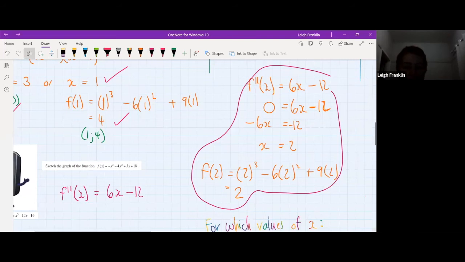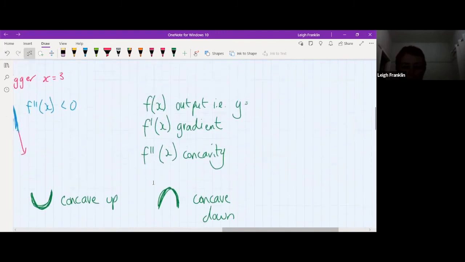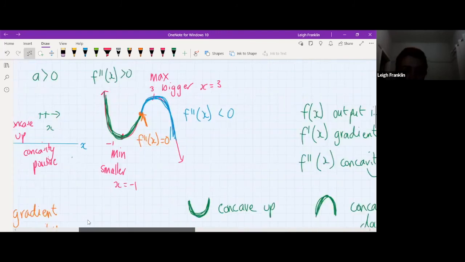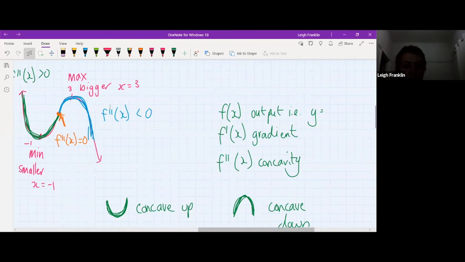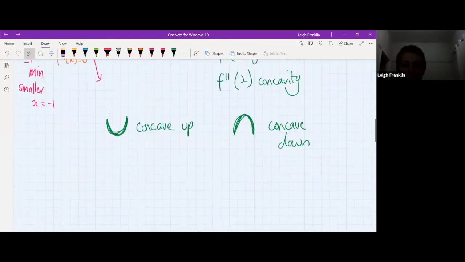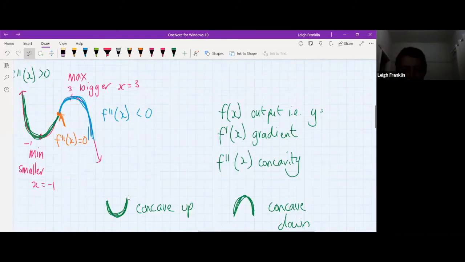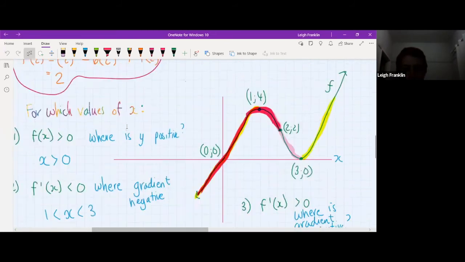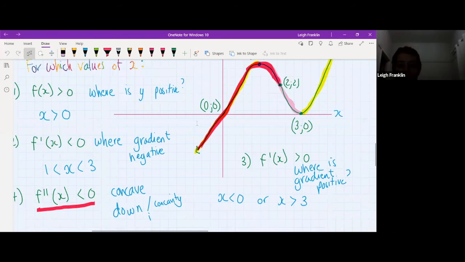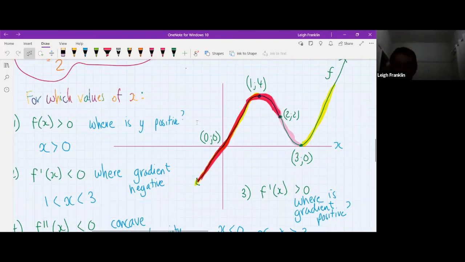If I take any number that is smaller than 2, look here, I'm going to sub in 1. f double prime of x is equal to 6x minus 12.